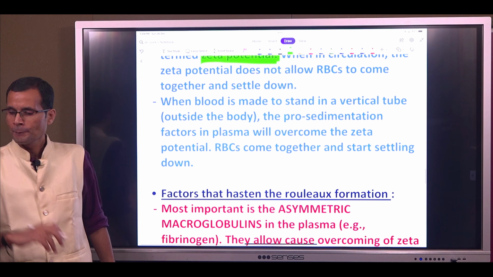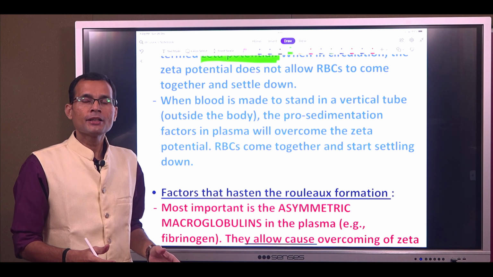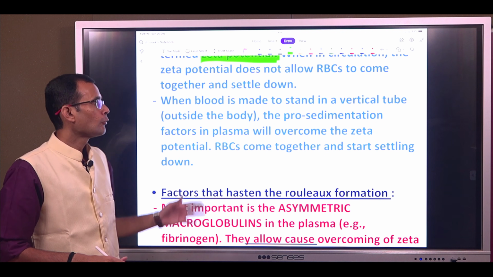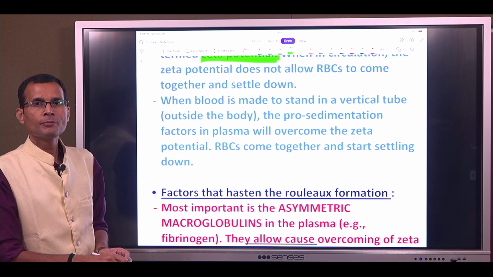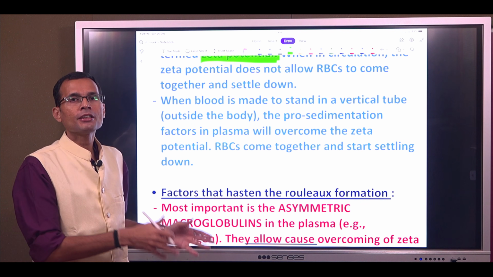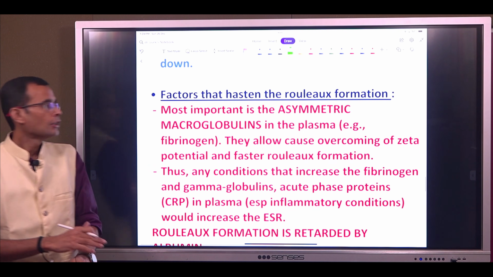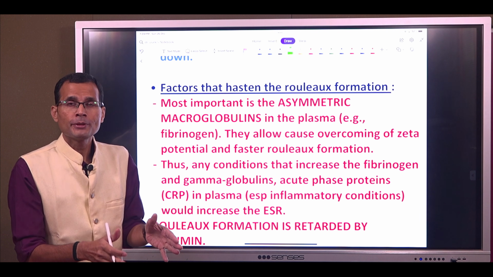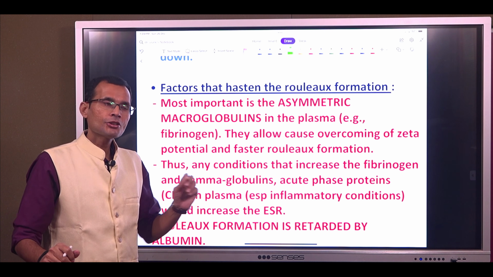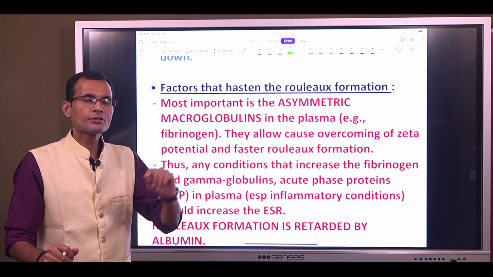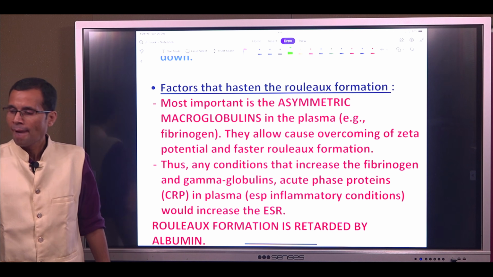So remember, there are these pro-sedimentation factors in the plasma which will hasten the rouleaux formation and therefore increase the ESR. A very important factor is the rouleaux formation so far as the influence on the ESR is concerned.